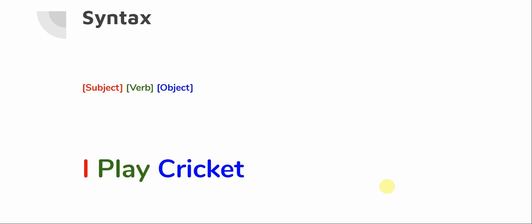Okay, so every language has a syntax and you have to follow the syntax in order for others to understand what you are trying to say. Even though you know all the keywords, you have to put the words in the proper place in order for others to understand. Like in the English language, subjects come first, objects come last and the verb comes in the middle. So: I play cricket, cricket play I, cricket.